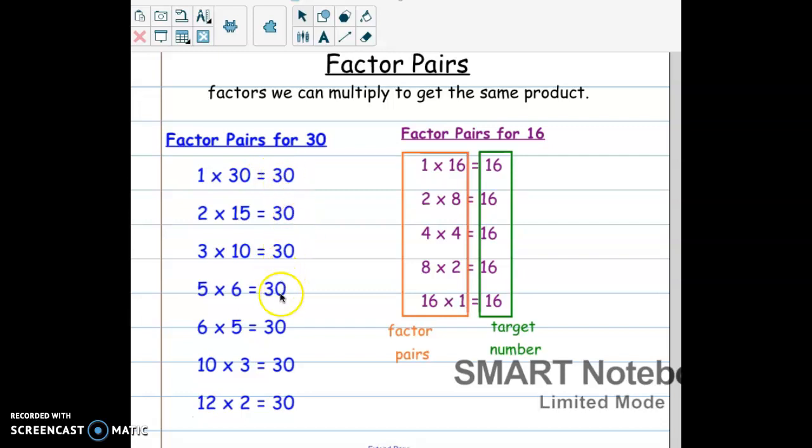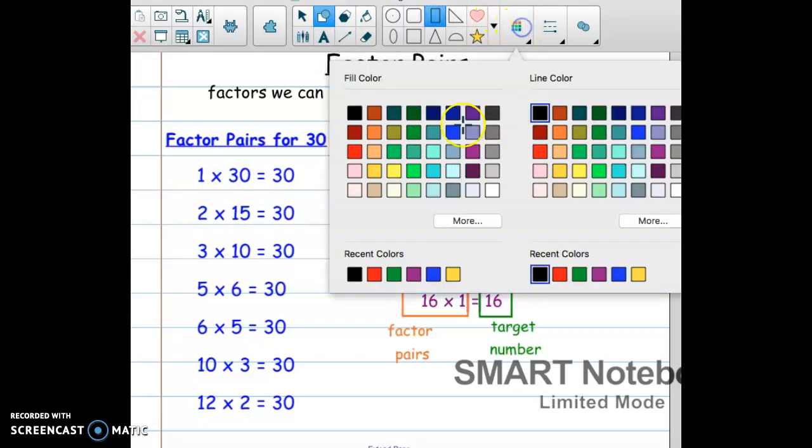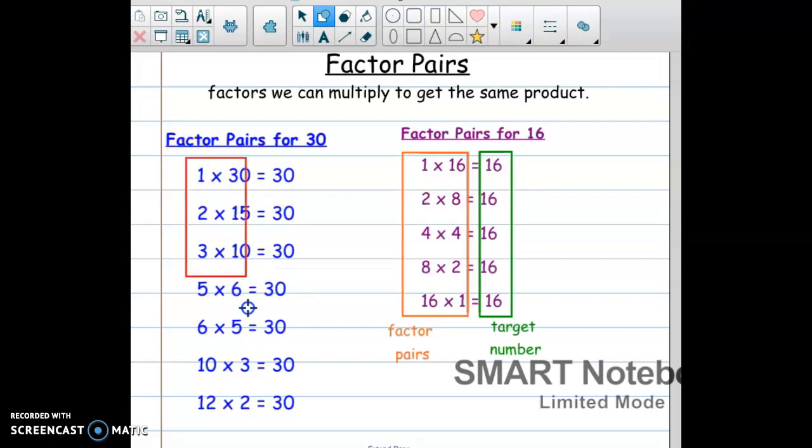Again, 30 is the target number or the product, and the factors being multiplied together are the factor pairs. So 1 times 30 is a factor pair for 30. 2 times 15 is a factor pair for 30, and so on.